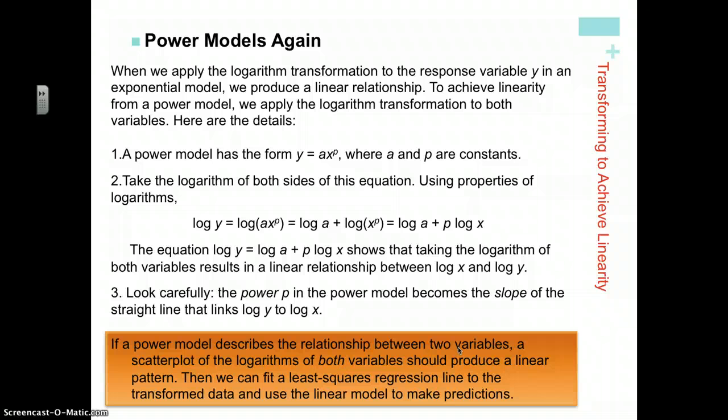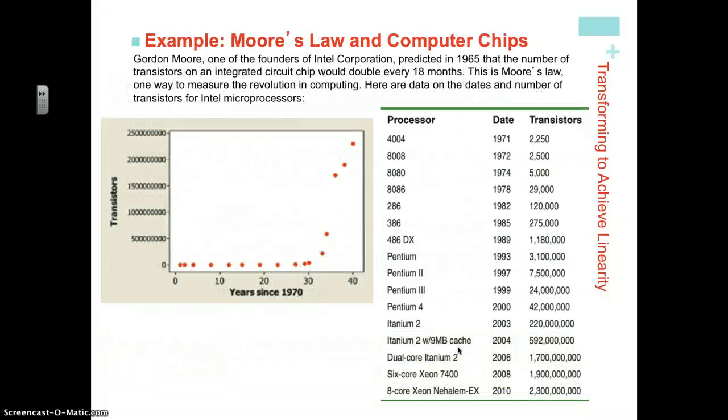If a power model describes the relationship between two variables, a scatter plot of the logarithms of both variables should produce a linear pattern. Then we can fit a least squares regression line to the transformed data, as always, and use the linear model to make predictions.